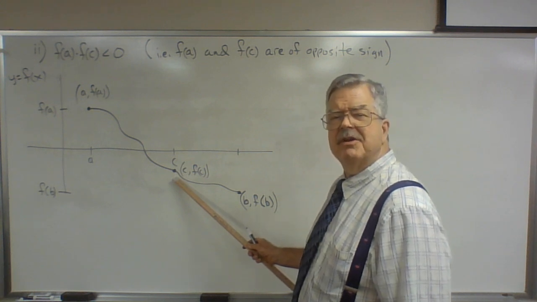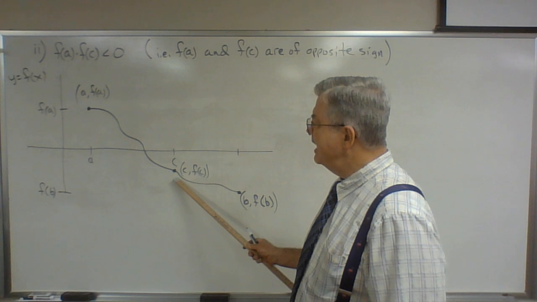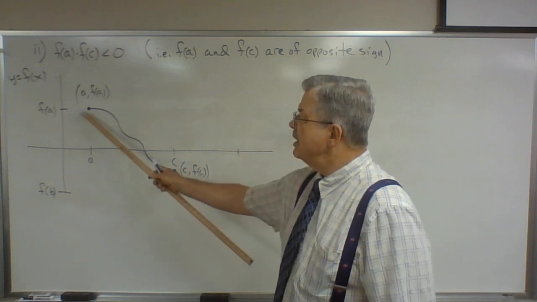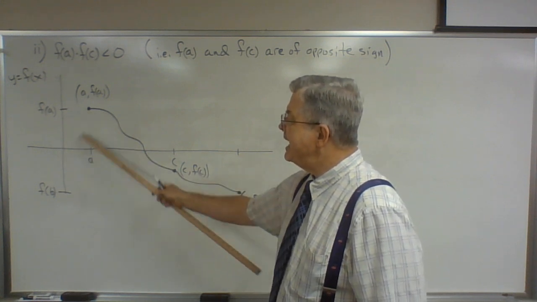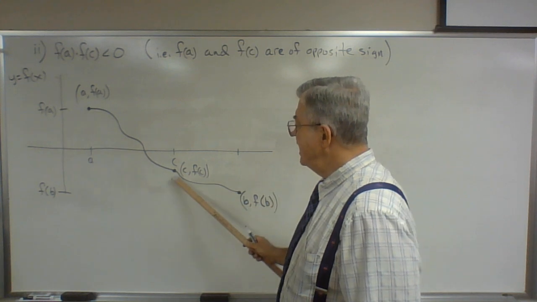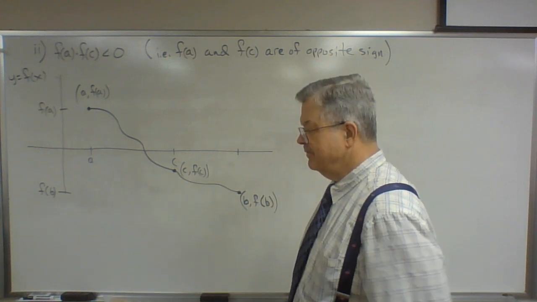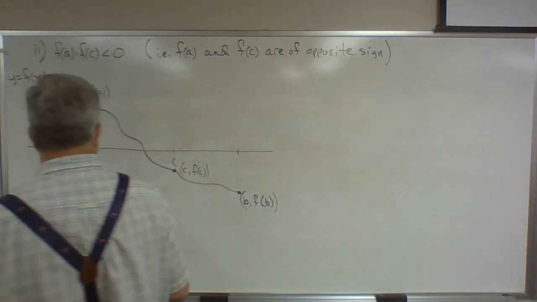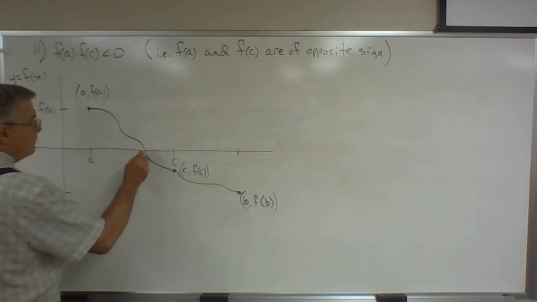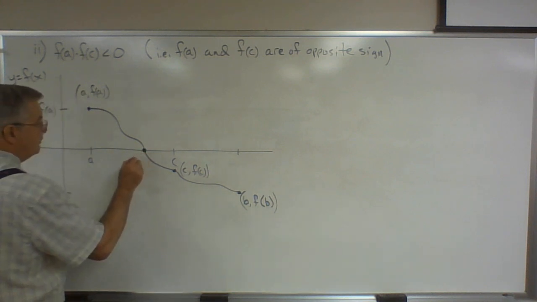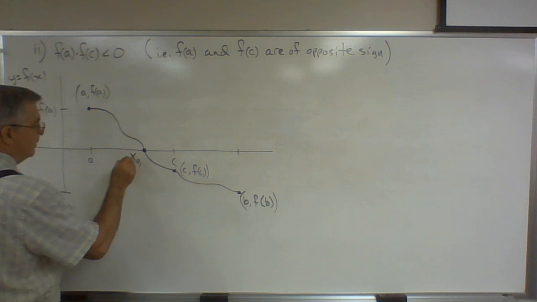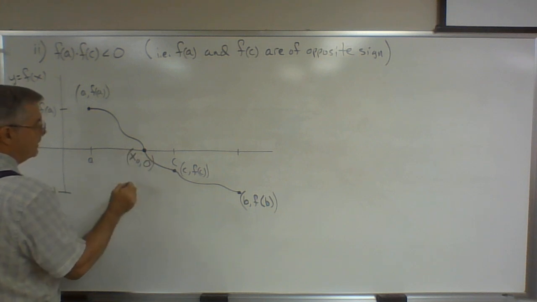And that means that the graph has to cross the x-axis somewhere between f of a and f of c. And right here where the graph crosses the x-axis, here's the value of x that we're looking for.